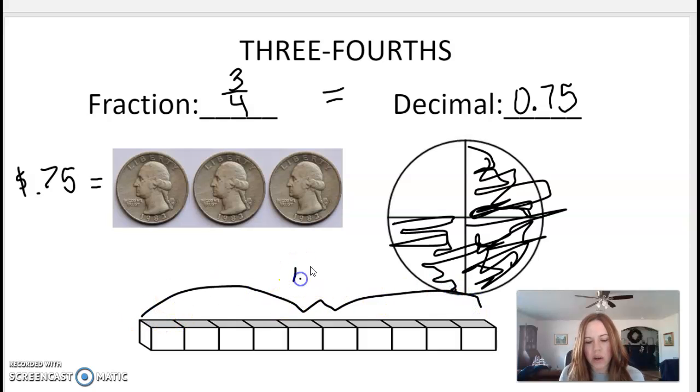We know that this is 1 whole. And we learned that if we cut these in half, that's the same as 5 hundredths. Okay, so how many would we need to color in if I cut all of these in half?